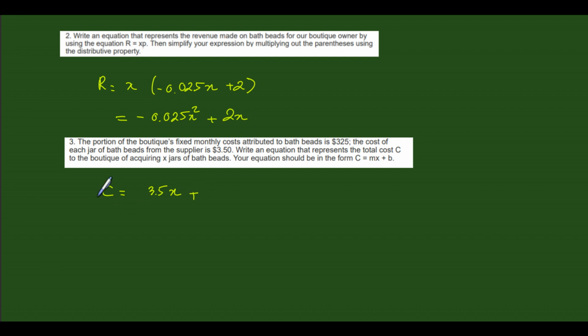Plus the fixed cost, which is 325. This is the number of yards of bath bit multiplied by 3.5, the cost from the supplier. So this should be the equation for the cost.